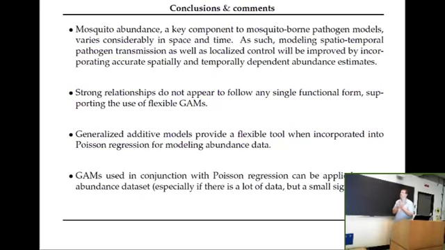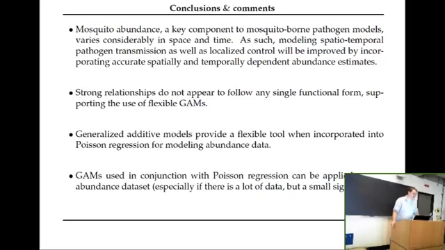So then, finally, in conclusion, mosquito abundance is a key component to mosquito-borne pathogen models, and it varies considerably in space and time. Hopefully, at least that one slide showing you the relationship between spraying and dengue incidence convinces you that mosquito abundance matters. Unfortunately, as I mentioned earlier, only 7 mathematical mechanistic models of vector-borne diseases actually cared to go through the effort of incorporating real-world data into their mosquito abundance, so one would ask how useful those models actually were.